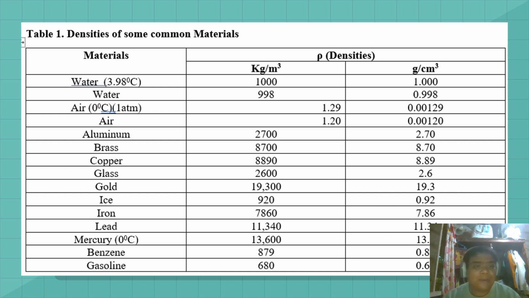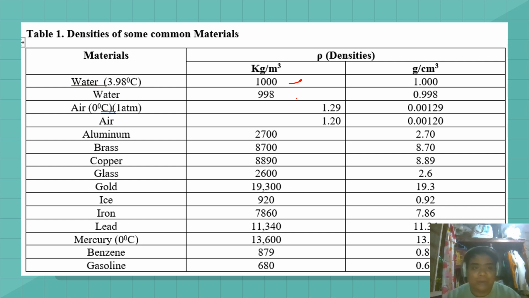For table 1, you have here the densities of some common materials. For example, you have the water. Water is constant, at 1,000 kilograms per cubic meter, or 1.00 gram per cubic centimeter.